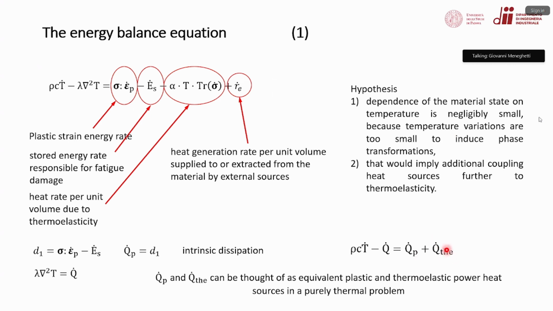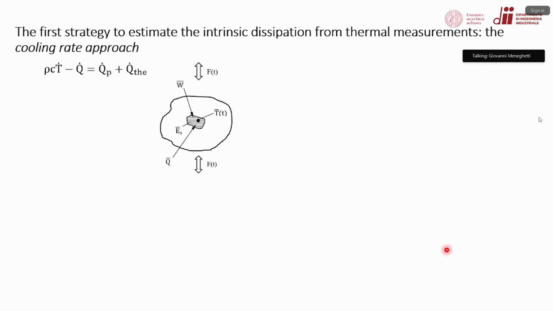The first one is due to plastic strains, and the second one is a reversible equivalent heat source due to the thermal elasticity. Now, the first strategy to estimate the intrinsic dissipation from thermal measurements during fatigue experiments is called the cooling rate approach. It is based on a very simple technique. First of all, suppose to average all these terms in one loading cycle.